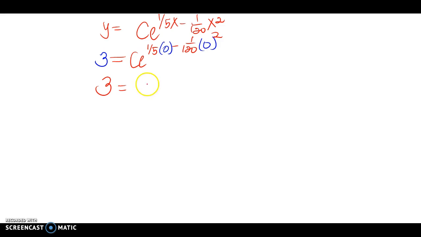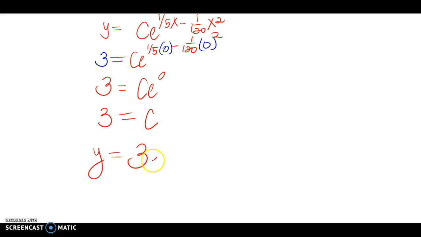We get 3 equals c e to the 0 up top. E to the 0, remember, is 1, so it looks like Super Charlie is a value of 3. Therefore, my final answer is y equals 3 e to the 1/5 x minus 1 over 120 x squared.